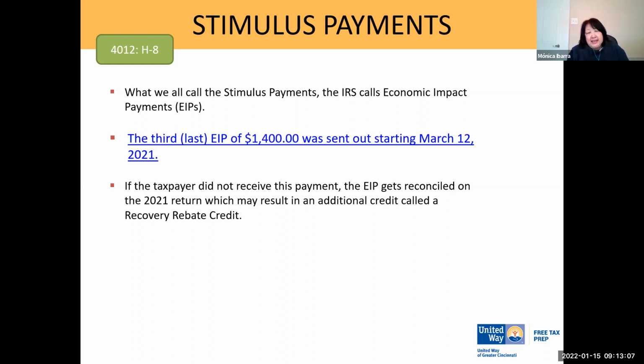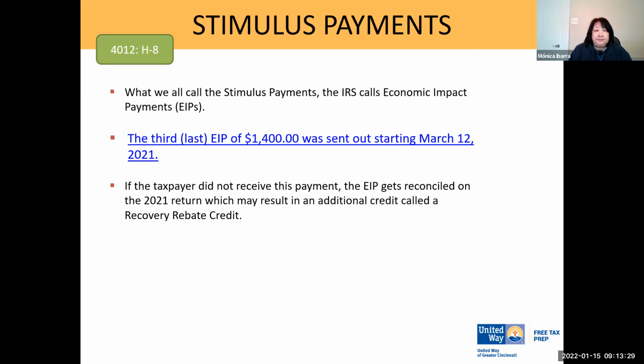This is that last payment that was sent out by the government last year, in an effort to stimulate the economy. The last payment was $1,400. It was $1,400 per taxpayer and per dependent.